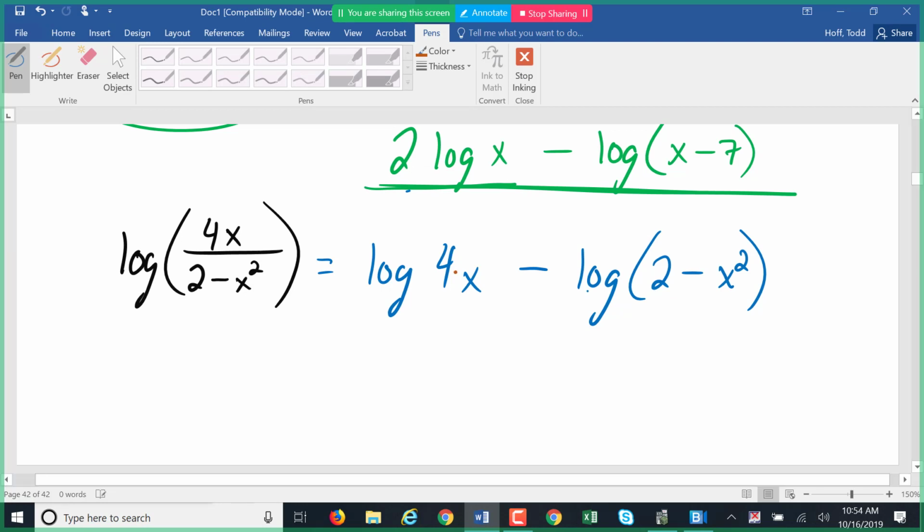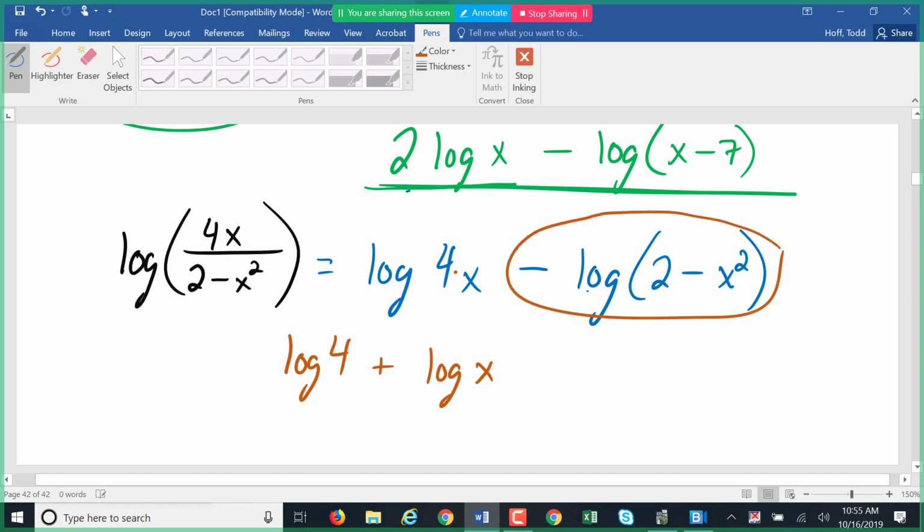So we can split that multiplication up into log of 4 plus log of x. This piece here, we're really tempted looking at that x squared to try to pull that 2 out of there. But it's not x squared by itself. It's 2 minus x squared. We cannot split up subtraction. So unfortunately, there's nothing we can do with that. That just stays log of 2 minus x squared.